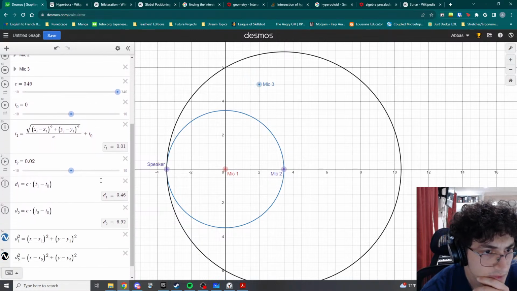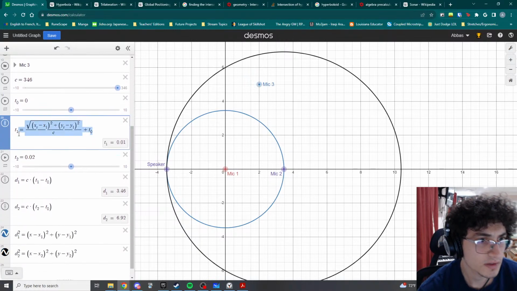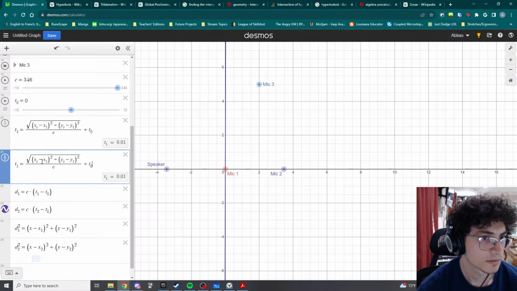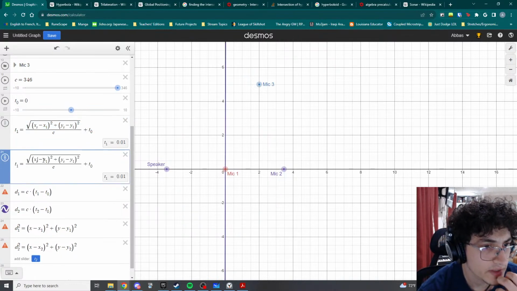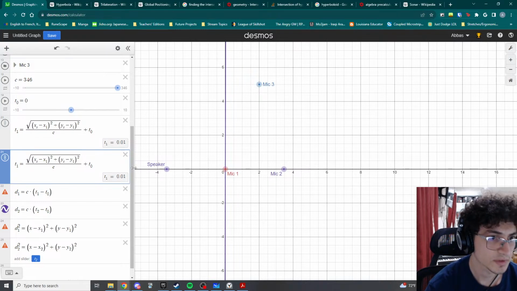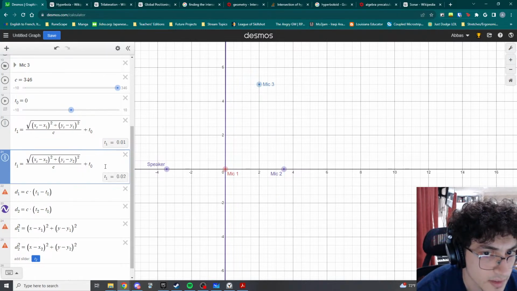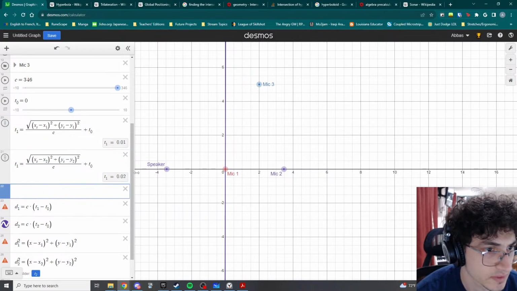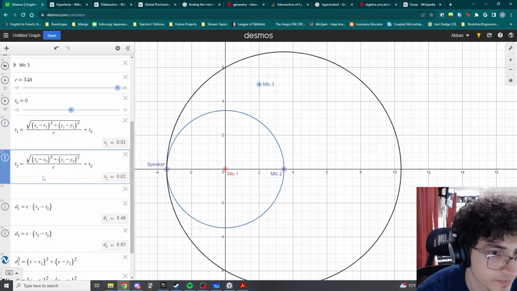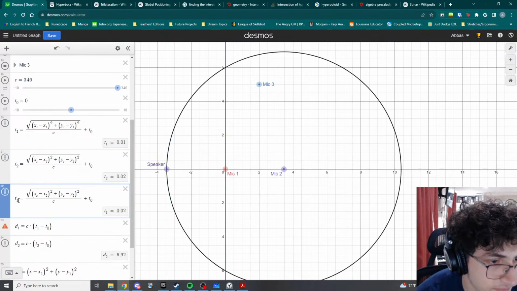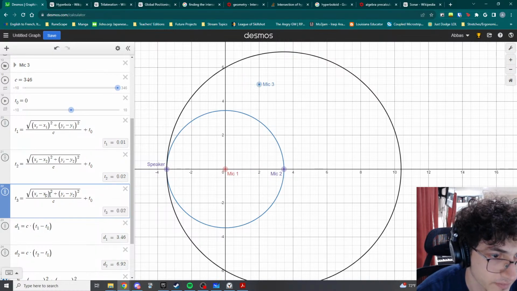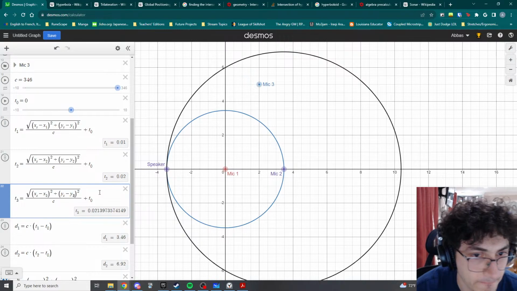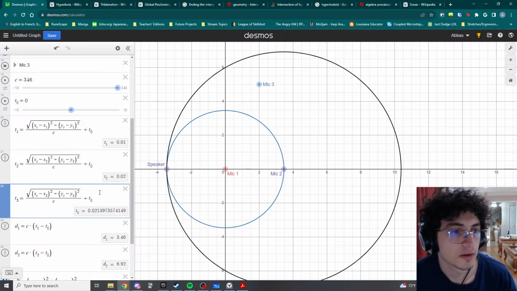All right. And then the same thing is going to follow for T2, when we have XS, but this one's going to be X2, Y2. And then the same thing for T3.